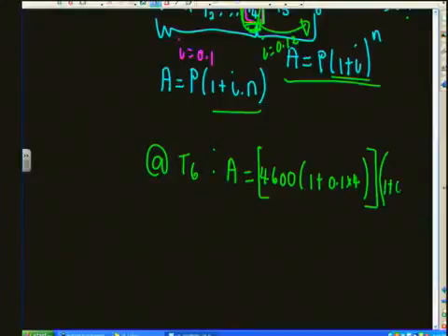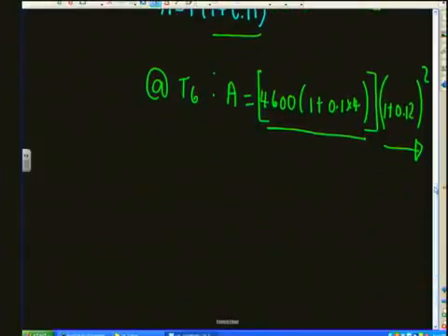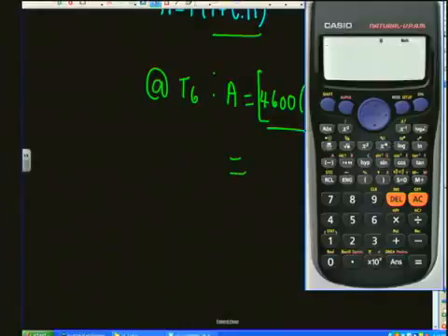So it's 1 plus 0.12 to the power of 2. I use my compound interest formula to take this amount at time 4 and move it all the way to the end of the time period. When I've written it out like this, there's no need for me to round off or anything, because I'm going to put this entire thing into the calculator and see what we get.